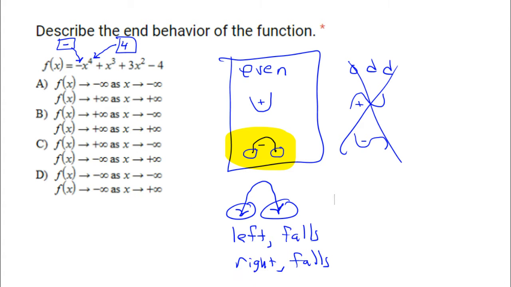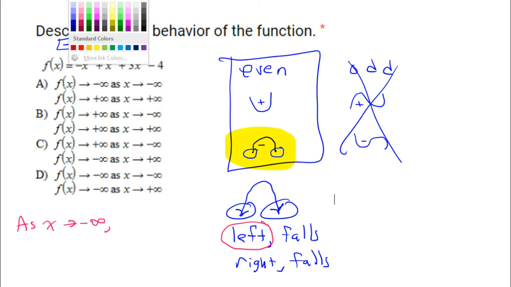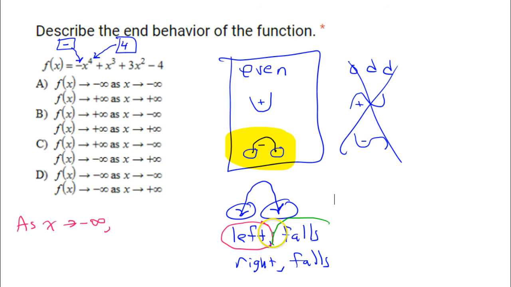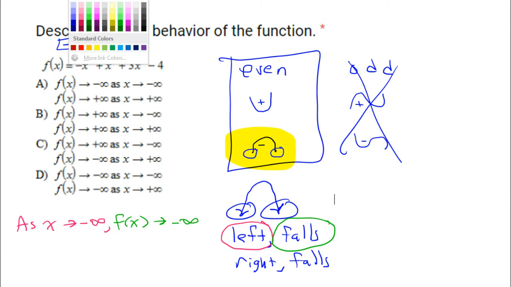Alright, on the left it falls, and on the right it falls. So as I translate this into formal end behavior, to get the left, I would say as x approaches negative infinity. Now if I want to say the function falls, I will say the function approaches negative infinity. That's the falling part.